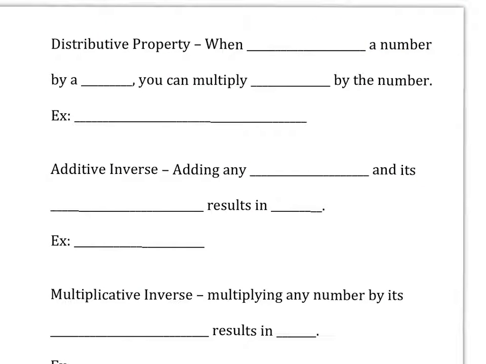The distributive property states that when multiplying a number by a sum, you can multiply each part by the number.